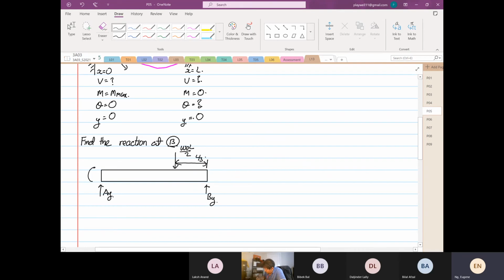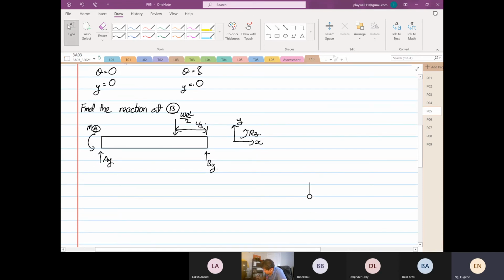So we have a moment at point A. Okay, so if I draw this transformation, this is X, this is Y, this is rotation about Z. So we know that we have 3 unknowns. Right, 3 unknowns.